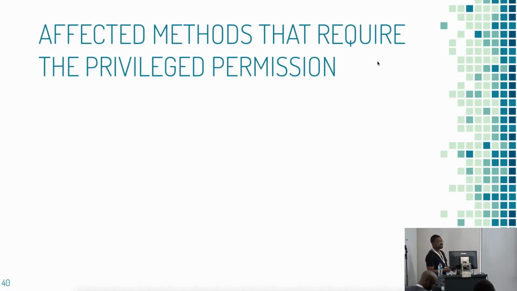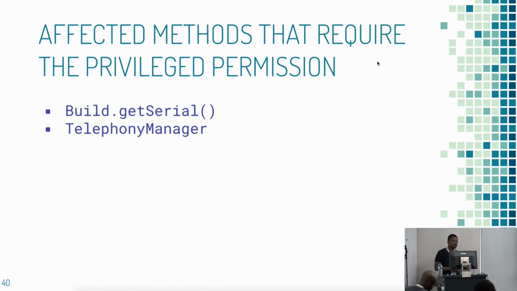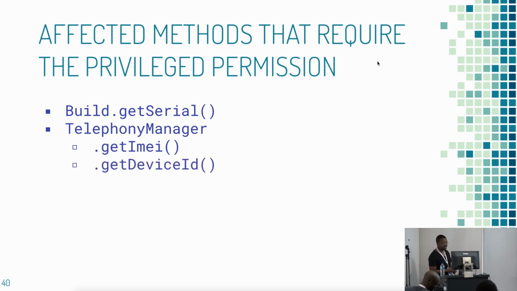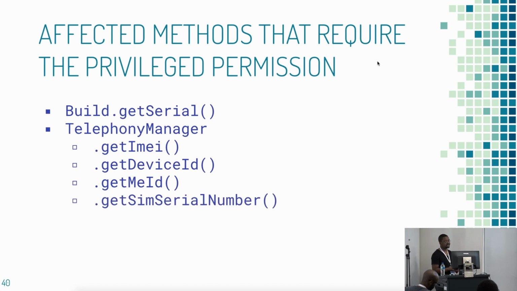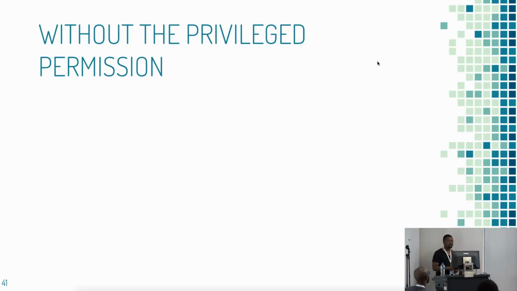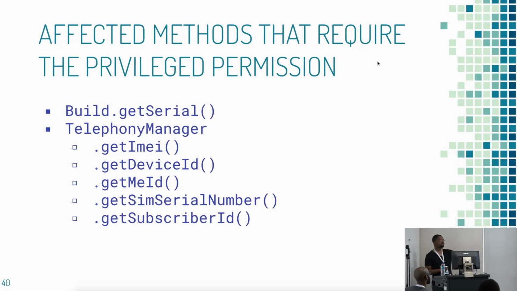Then the affected methods that require the privileged permission are build.getSerial, telephony manager .getIMEI, .getDeviceID, .getMEID, get SIM serial number, get subscriber ID. All these methods will be affected. So if you're basically calling these methods in Android 10, you're going to have issues.